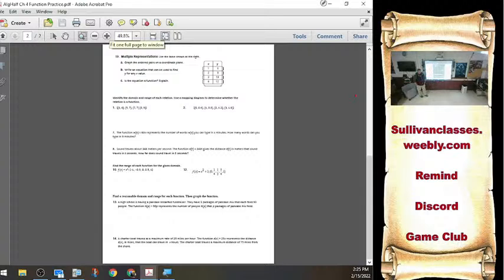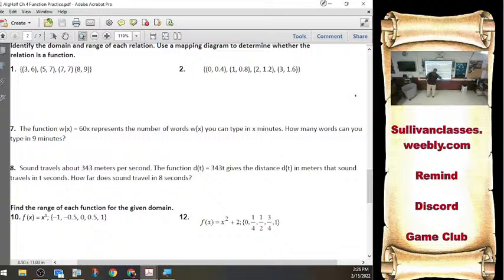Anything else out of the homework? Number 7. Those ones were actually nice because it was just shove the number in. W of x is 60x. It's the number of words at x minutes. So how many words can you type in 9 minutes?